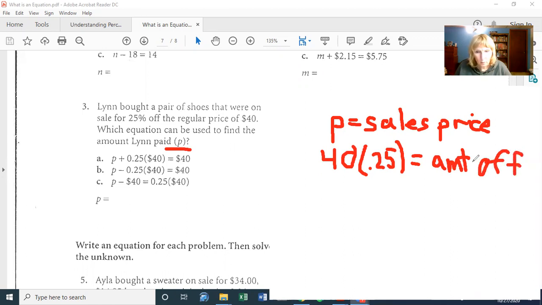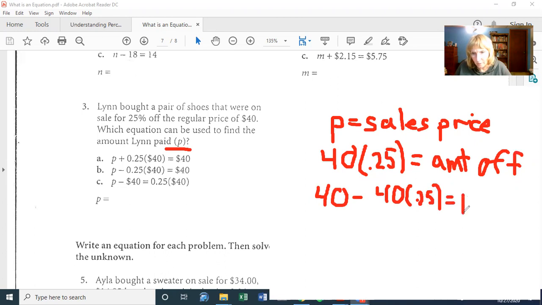Okay, now we have everything we need to put our equation together. We have a couple ways we can write this. We could do $40 minus the percent off, that would be 40 times 0.25, and then that would equal the price she paid.